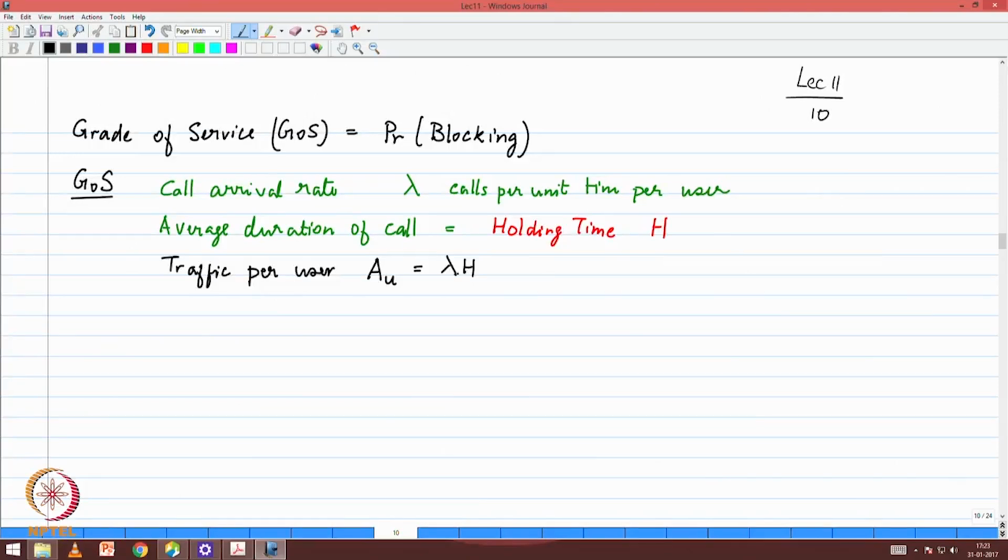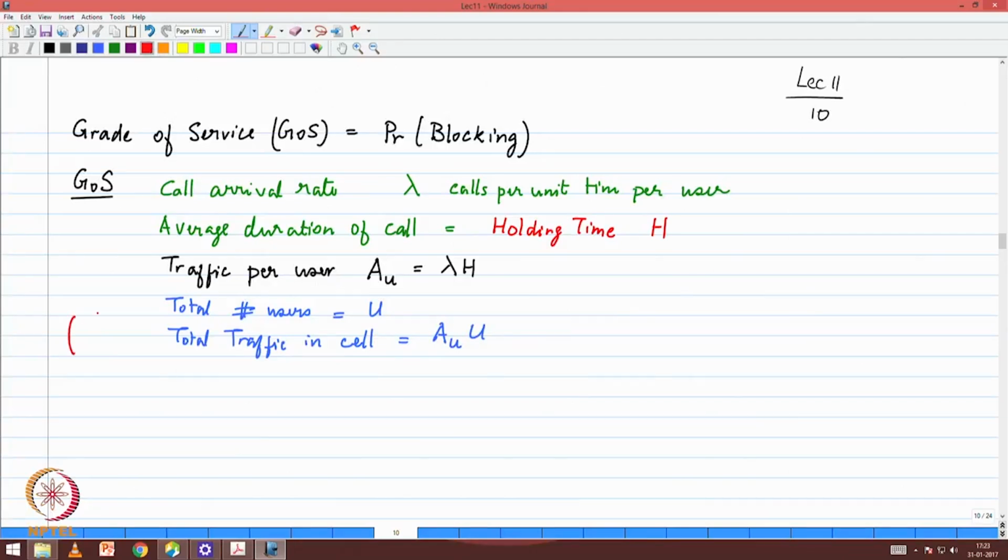So lambda H gives you the traffic. And if the total number of users in your cell is equal to U, then the total traffic in the cell will be A_U, that is per user, times U, the number of users.